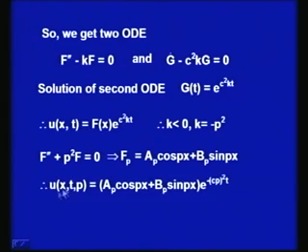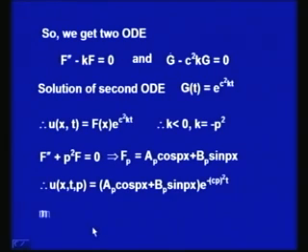So, what we are getting is u x t, now using this third parameter p, because k is equal to minus p square, as a p times cos p x plus b p times sin p x, e to the power minus c square p square into t.